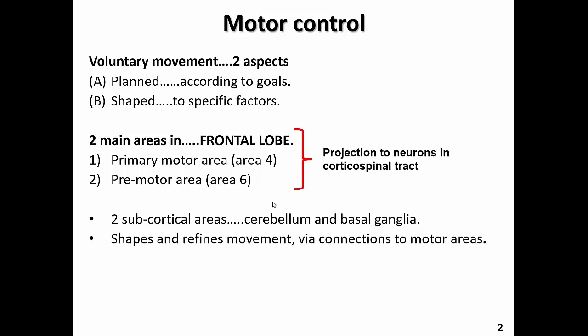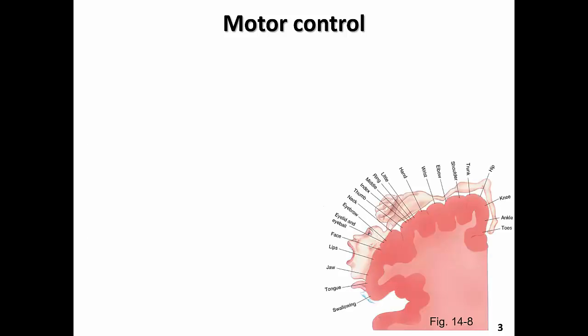And the motor areas are important because these are projections that go to neurons in the corticospinal tract. And these are the neurons that will extend in a descending manner along the spinal cord and will terminate onto the lower motor neurons, or the alpha motor neurons.